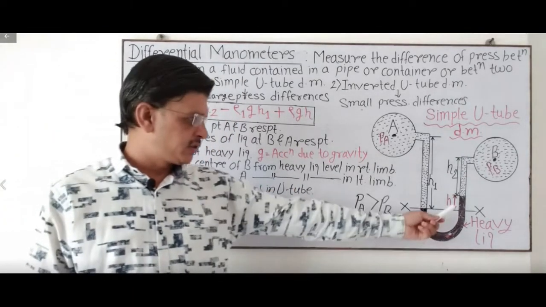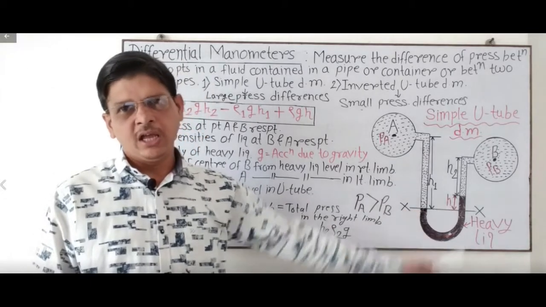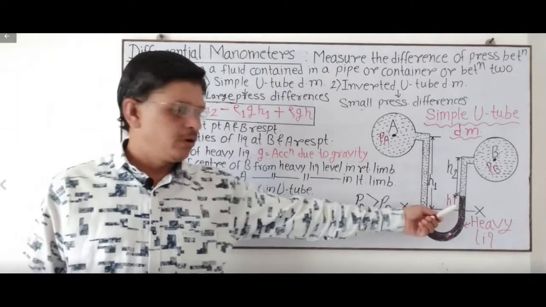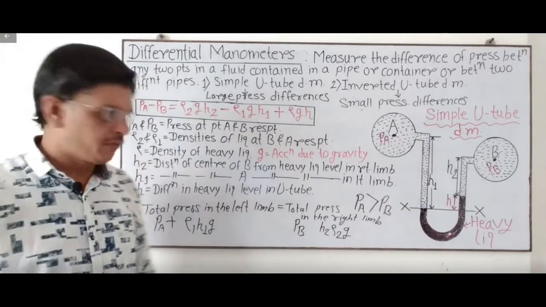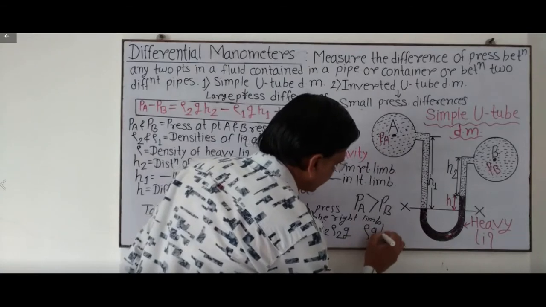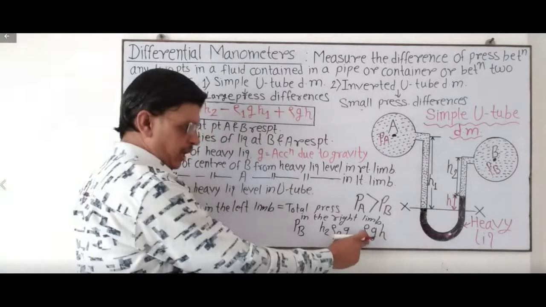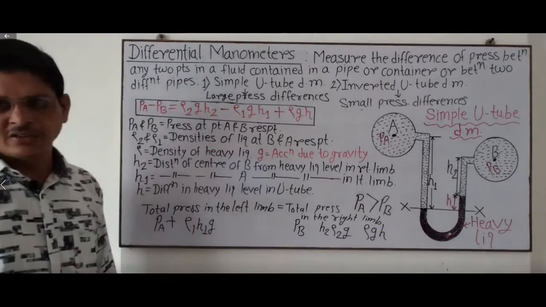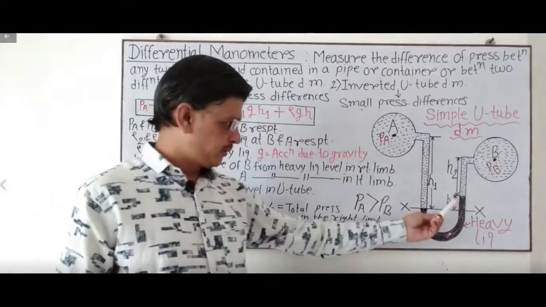Also there is rise in the level of the heavy liquid in the right limb. So the pressure due to rise in level of the heavy liquid is ρGH. So ρ is the density of the heavy liquid, G is acceleration due to gravity, and H is the height, this height.